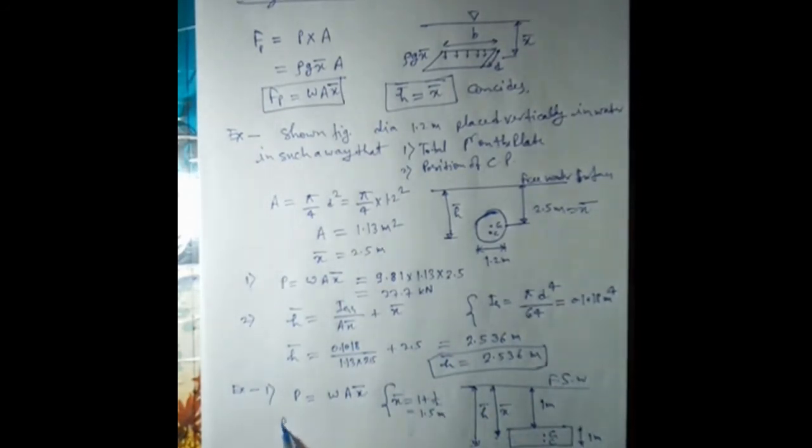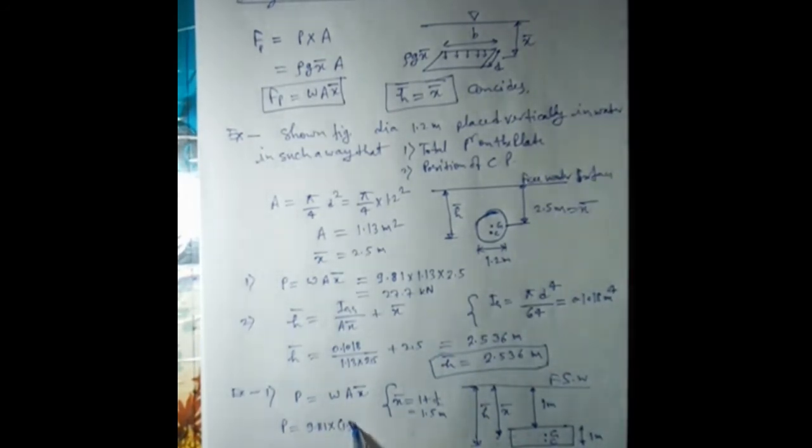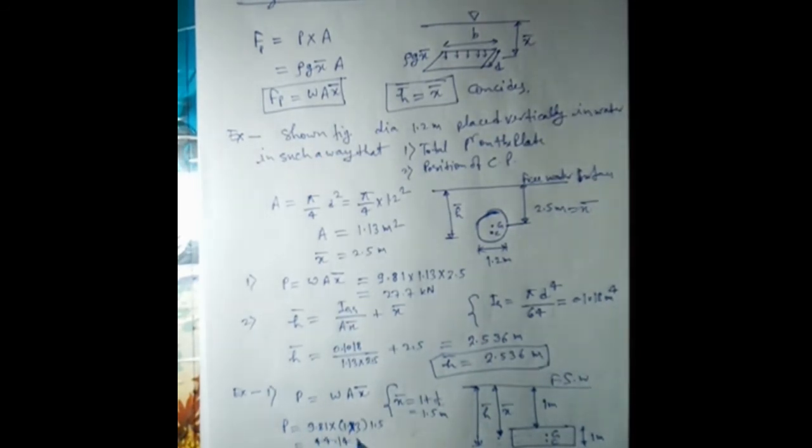Putting the above values, P equal to 9.81 into 1 into 3, that is the area of the plate, and x bar is 1.5, therefore we get 44.14 kilo Newton. That's the answer.